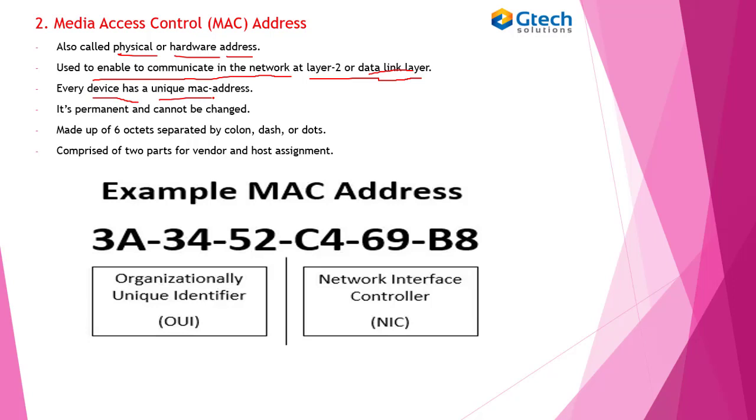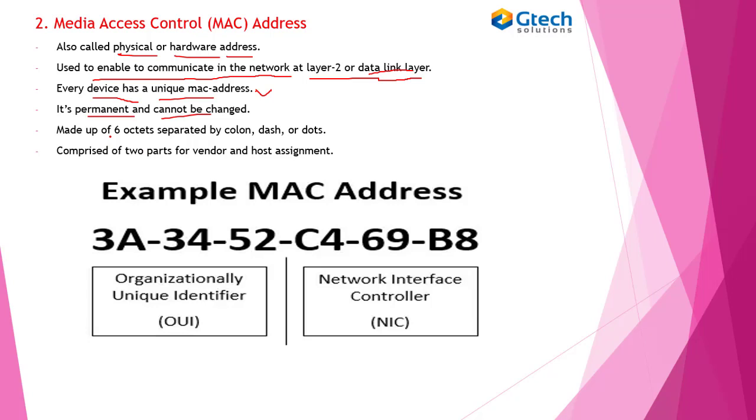Every device in the world has a unique address, unlike IP addresses, where several devices can have the same IP address, even in a different network. In the case of a MAC address, every device has its own unique MAC address. It's permanent and cannot be changed. It's burnt in the network interface cards.